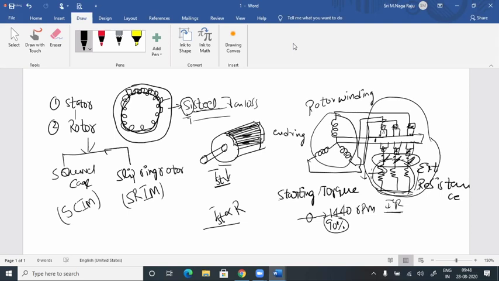For example, where we require high starting torque, we discussed lifts, cranes, hoists. If you take a lift, when all the members enter the lift, only then does the lift have to start. So initially the load torque is very high. To lift this load, the motor's starting torque must also be high.